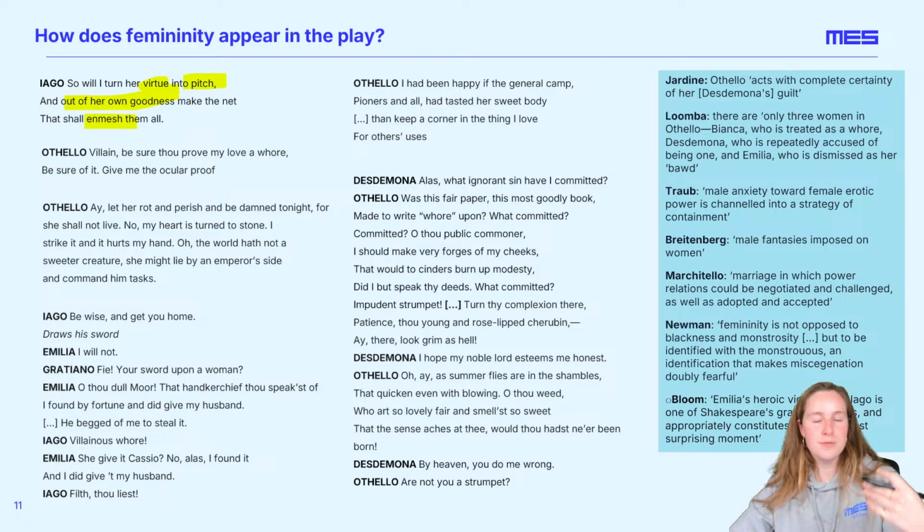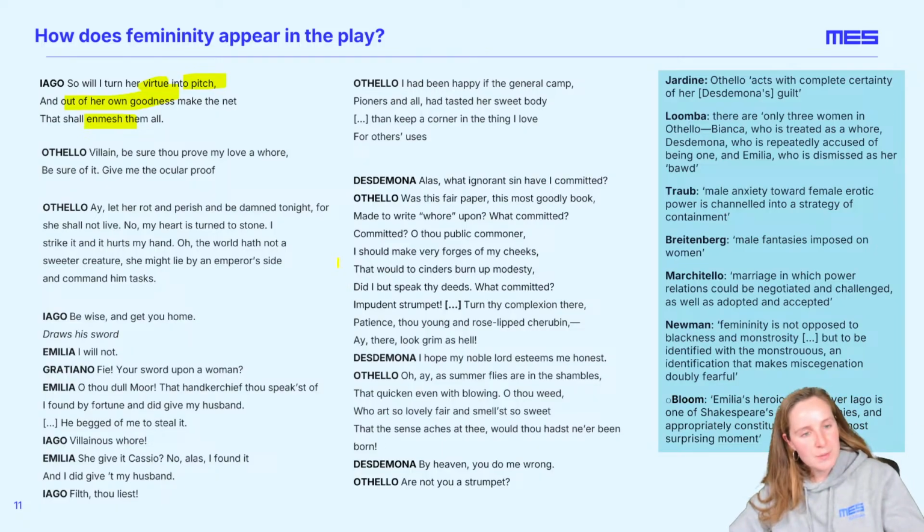So then thinking of goodness as something that can be manipulated because he knows what will happen if it appears dirty and tarred. Othello also says, "Villain, be sure thou prove my love a whore. Be sure of it. Give me the ocular proof." So this idea then of these two linked together.